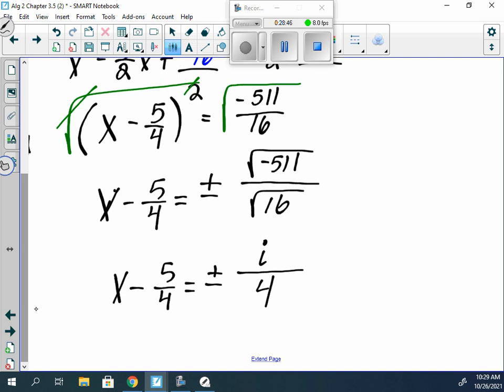Is 7 divisible by 3? No, then the number itself won't be either. 4 we just have to plug it in. 511 divided by 4 is 127.75. It's not divisible. 5 isn't divisible because it doesn't end in a 0 or 5. 6 doesn't work because 2 and 3 don't work. 7 we can try. 7 times 73. Well, 7's prime. 73 doesn't have any real factors besides itself. And it works out, it's just square root of 511.